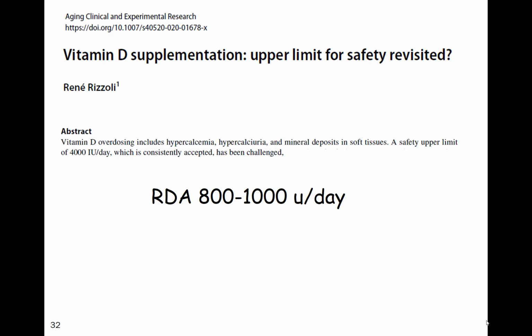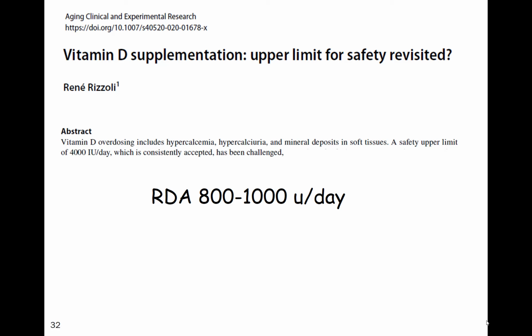We now need to talk about vitamin D because, as you'll see, it's a very important way of mitigating against COVID. But there has been lots of misinformation in regards to the dosing. We need to know that the recommended daily allowance for adults, regardless of age, is 800 to 1,000 units a day.